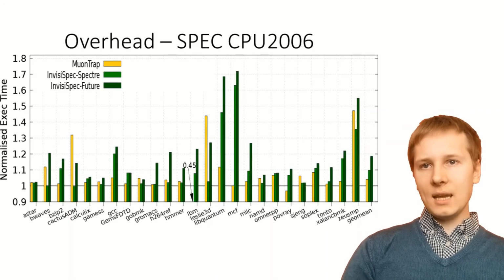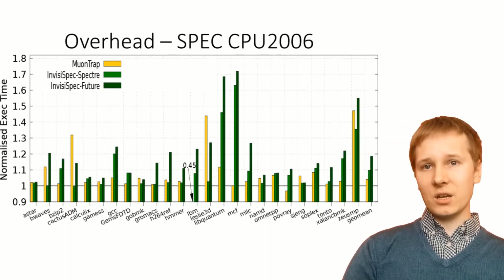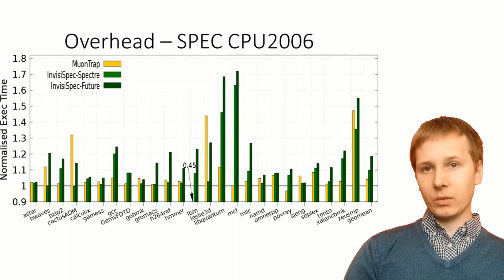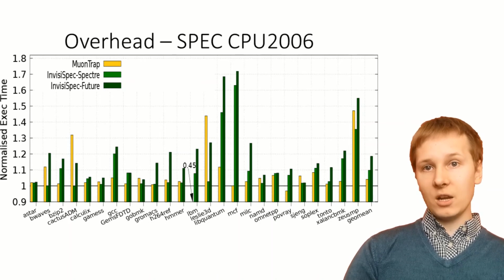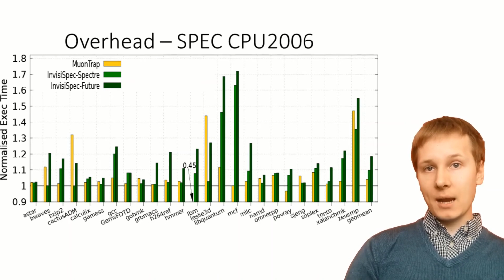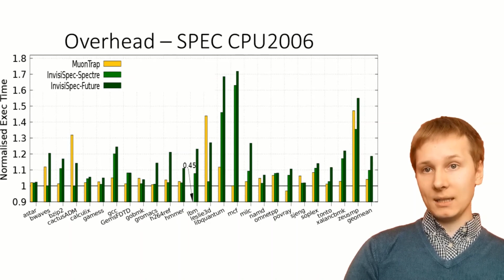Still, we see that MuonTrap is significantly faster than the 2 InvisiSpec mechanisms, which are also based on the idea of hiding loads in speculative buffers. Sometimes MuonTrap sees spikes for similar workloads to InvisiSpec Future. This is because both are based on the idea of loads becoming visible only once they reach commit, rather than any earlier, whereas InvisiSpec Spectre releases them while some speculative actions are still occurring.